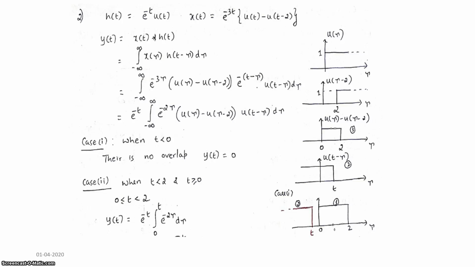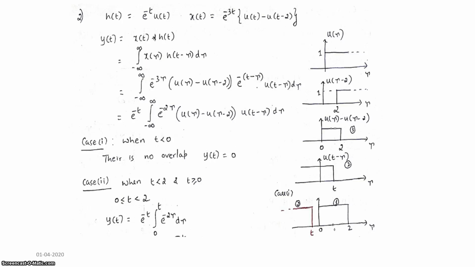Similarly, u of tau minus 2 has value 1 for tau greater than or equal to 2, and value 0 for tau less than 2. If I subtract the two signals, I get u of tau minus u of tau minus 2, a rectangular pulse with width 2.